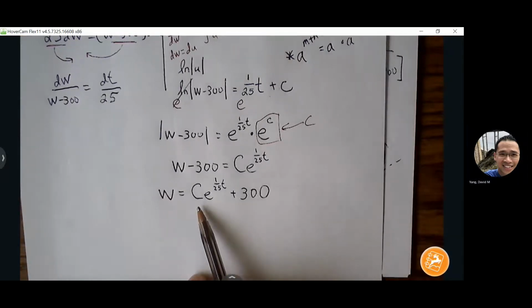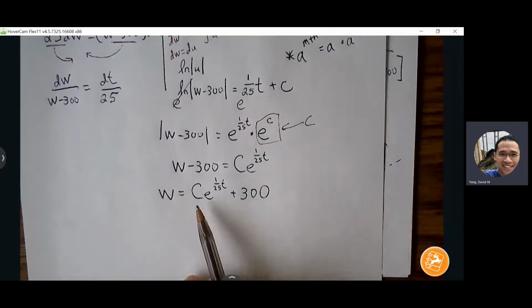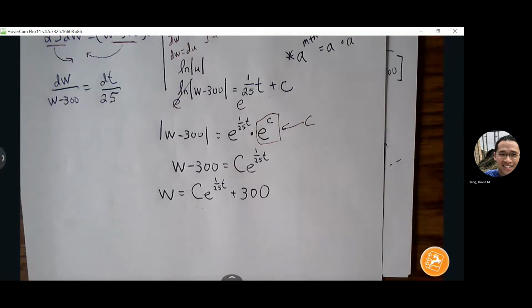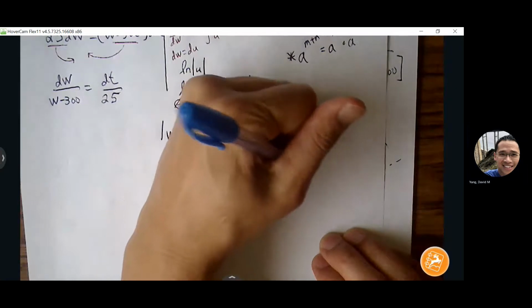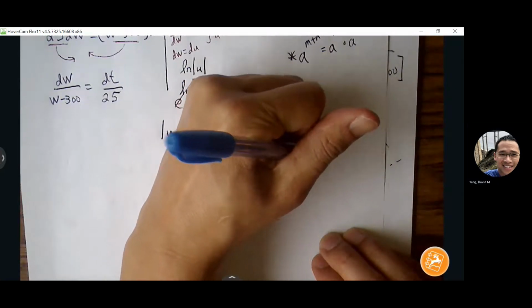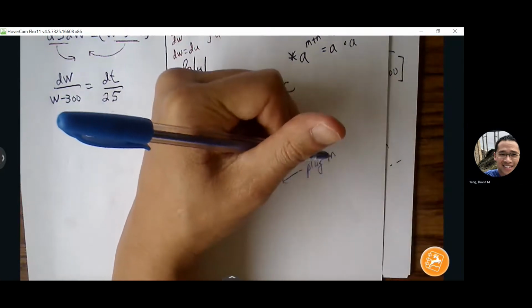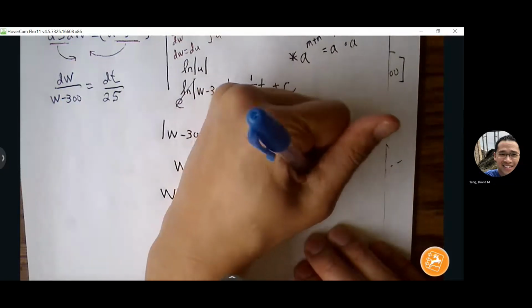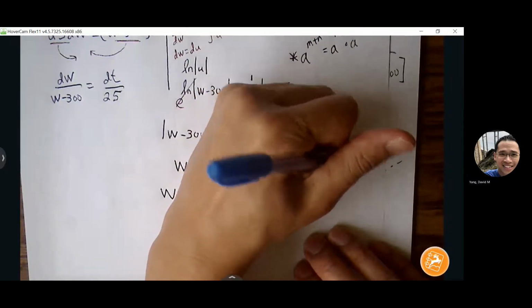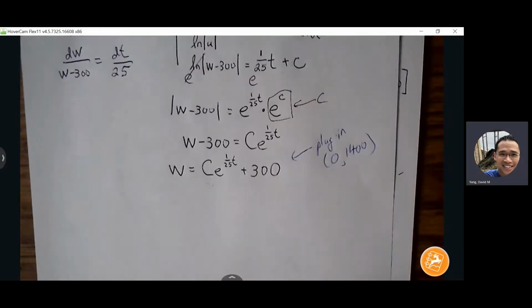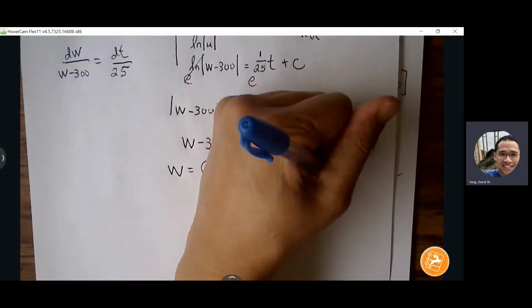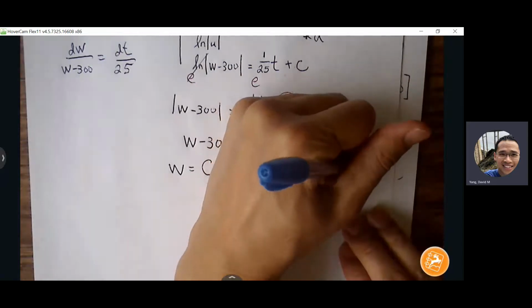Okay. So I can solve for c. I can plug in my ordered pair. Ordered pair is 0, 1400. 0 is my t, 1400 is my w.